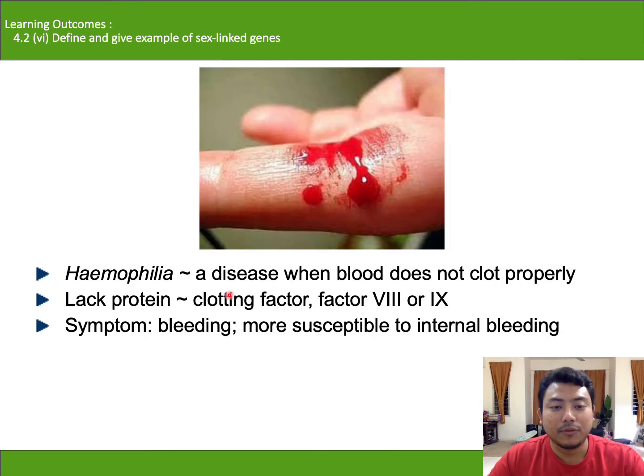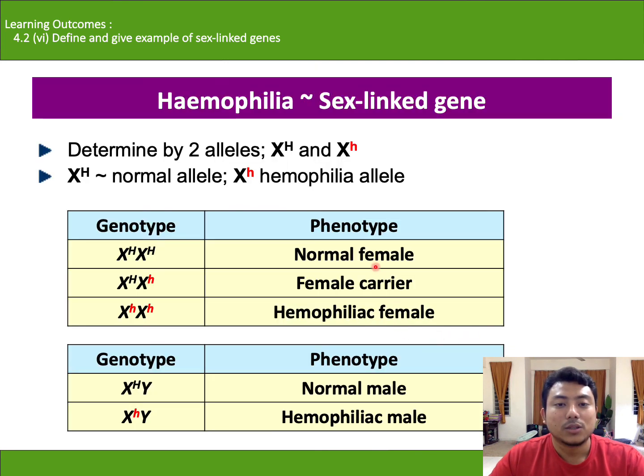Hemophilia is the disease where blood does not clot properly, due to a lack of the protein clotting factor 8 or factor 9. These are types of protein found in our blood. The symptoms are bleeding and being more susceptible to internal bleeding, because the bleeding cannot stop. Hemophilia is determined by two alleles.